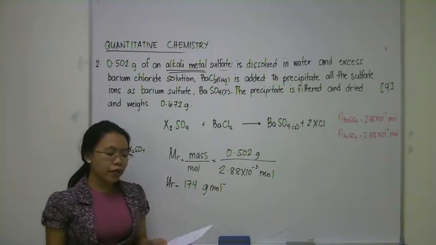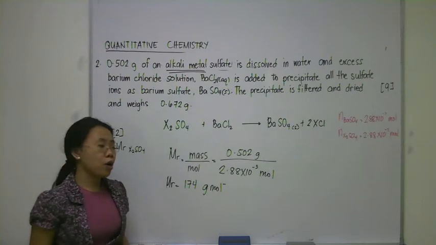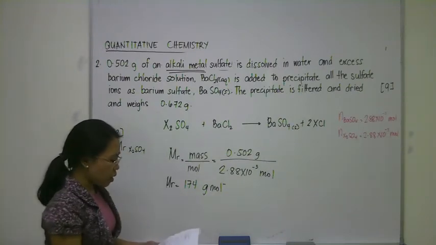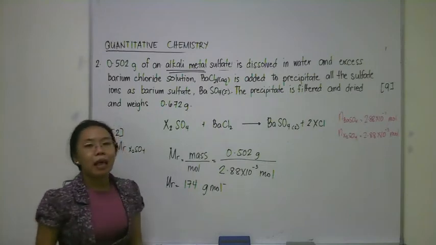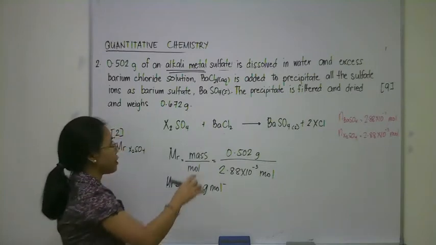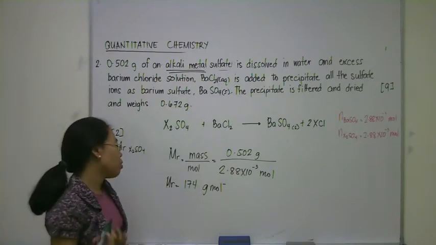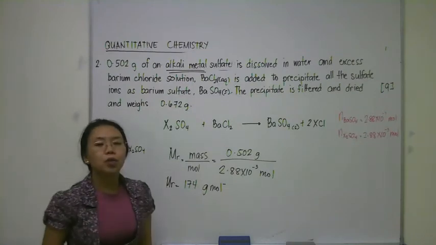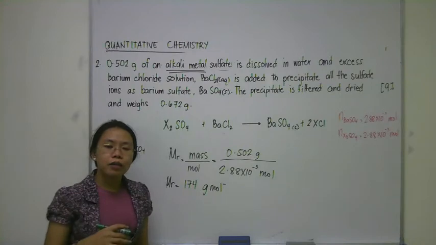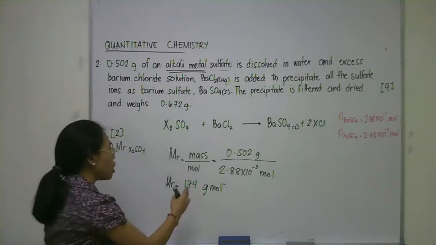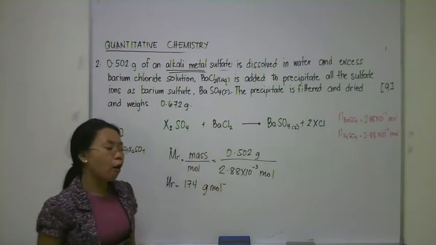Deduce the identity of the alkali metal showing your workings. Based on the calculated MR, we can find the AR of our alkali metal. We all know that MR is the sum of the AR of all atoms present in the compound.